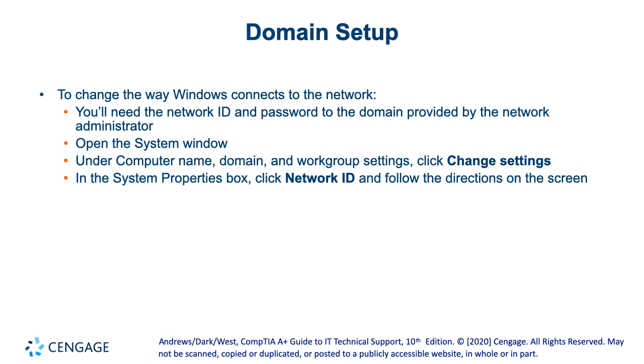So you always assign permissions and rights to groups, not users. Once you have an account open, the system windows, like I said, this change settings and the network ID, you can do either one to join the domain.